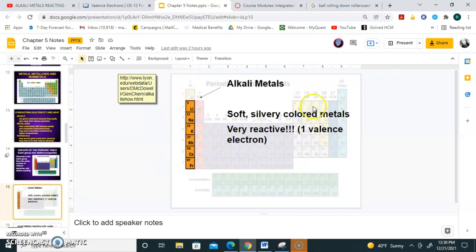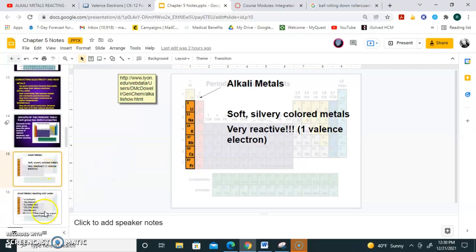They're soft and silvery colored, and their reactivity increases as we go down. So lithium is reactive, sodium is more reactive, potassium is even more reactive, and as we get down they become more and more reactive, with cesium and francium being the most reactive, extremely reactive.